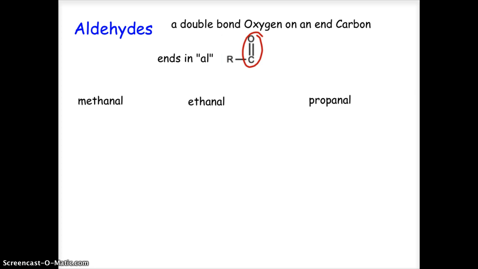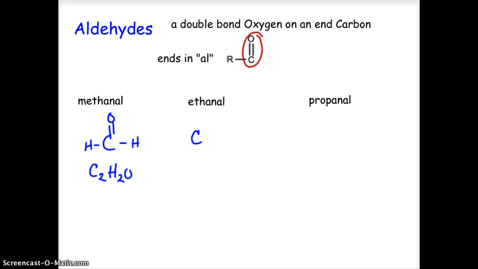They end in the letters al. So you have methanal. Methanal would have 1 carbon, and that 1 carbon would have a double bond oxygen. So its molecular formula would be CH2O. If you recall, there has to be a hydrogen. Every carbon needs to have 4 bonds, so there'd be 2 hydrogens on that.